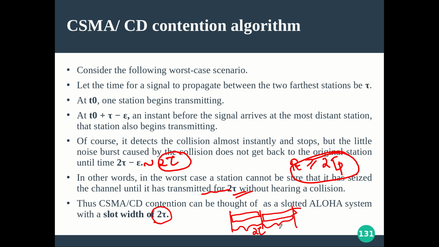So the frame transmission time of every frame you can set to be 2 times the propagation time between the farthest stations, and ultimately it generalizes to a slotted Aloha kind of thing. Okay, so that is how you can ensure that the detection happens properly in the CSMA/CD algorithm.